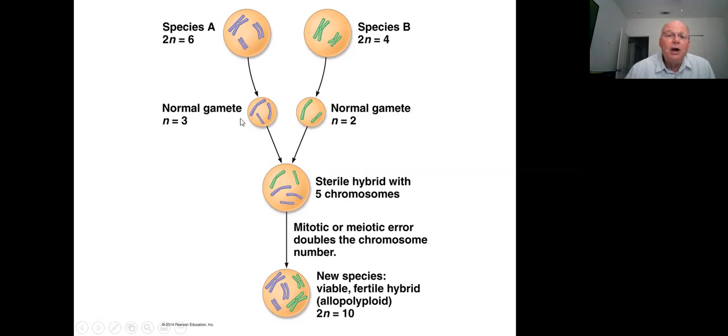But if there is no block to the pollen fertilizing the egg, and because the gametes are haploid, you now create a hybrid that is itself infertile because it has no matching homologs to create homologous pairs of chromosomes. So you might think, well, that's the end of this.